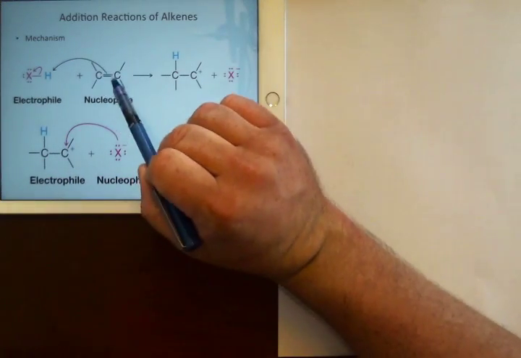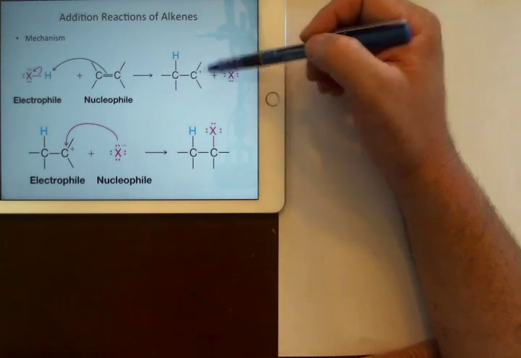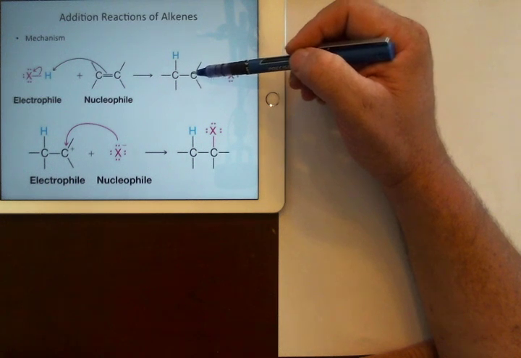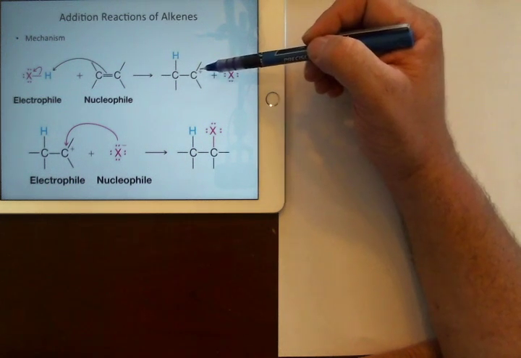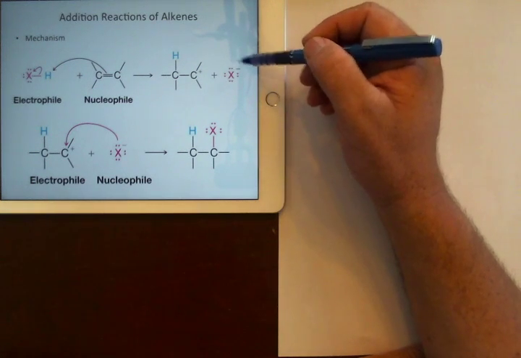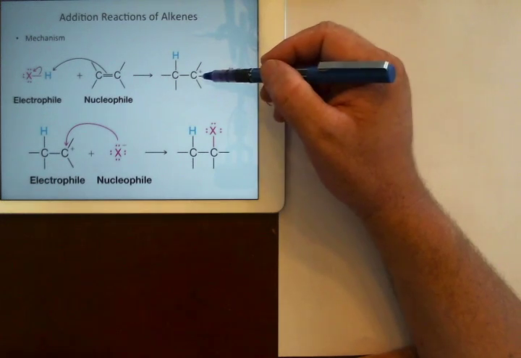So this double bond is going to make this new CH bond here. The problem is the other side of the double bond. The carbon only has 3 bonds now, so it's going to have a carbocation, which works out well because now you've kicked off the halide. This negative charge is going to be attracted to that positive charge.